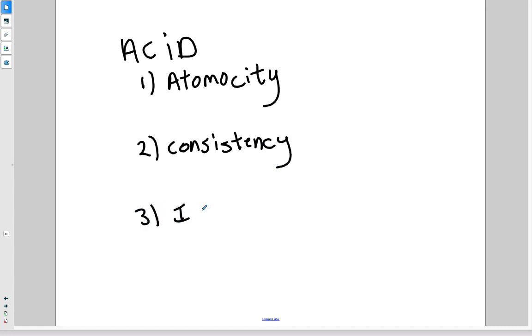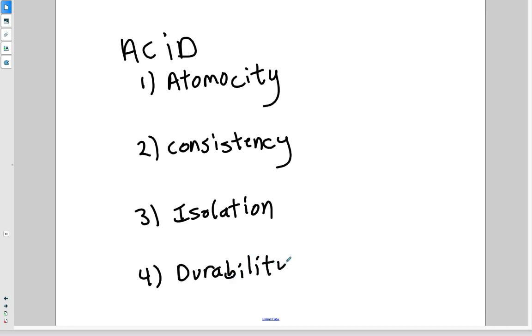I stands for isolation. And D stands for durability. So these 4 characteristics are maintained by all relational databases. It's very important for what is called transaction handling. So ACID comes into play for transaction management.